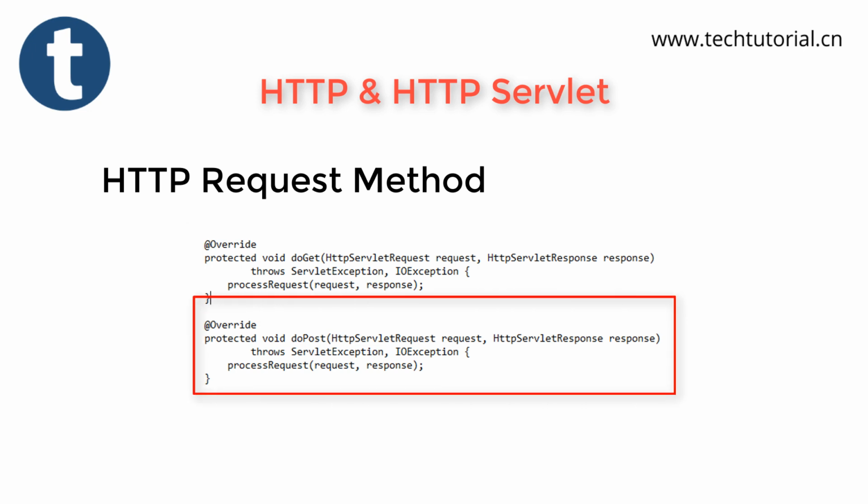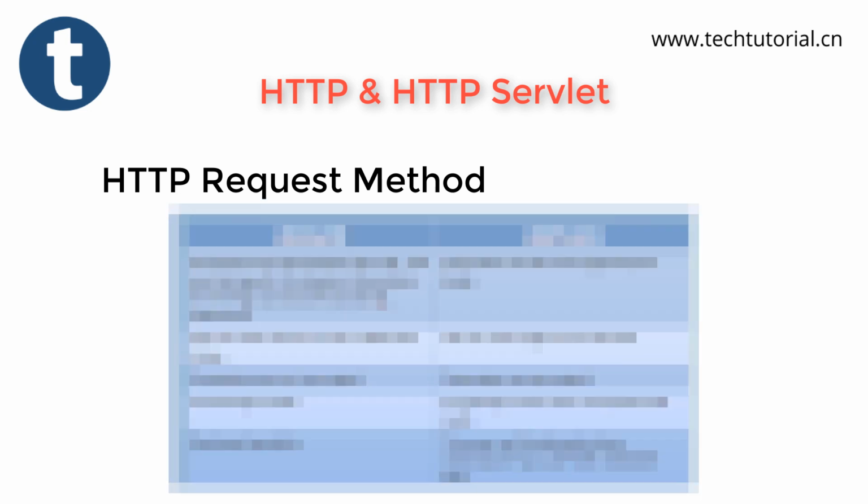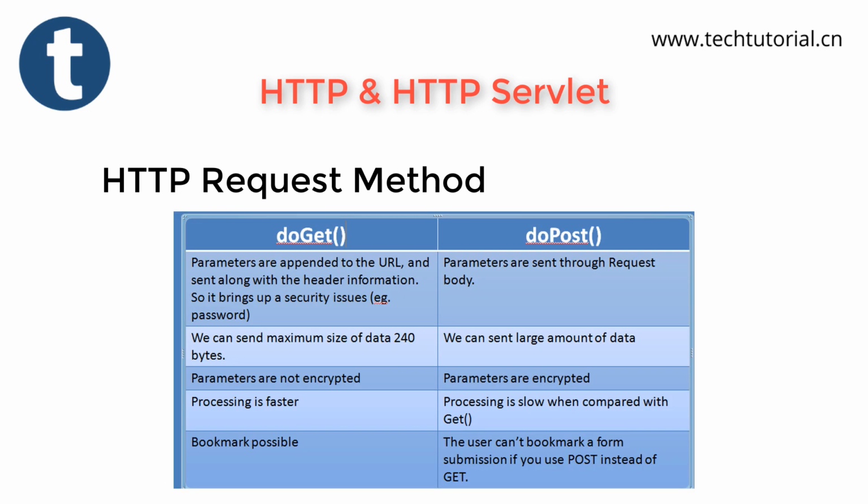And the post method is used to submit an entity to the specified resource, often causing a change in state or side effect on the server. So mostly, to get data from the server we use the get method, and to send data to the server we use the post method.